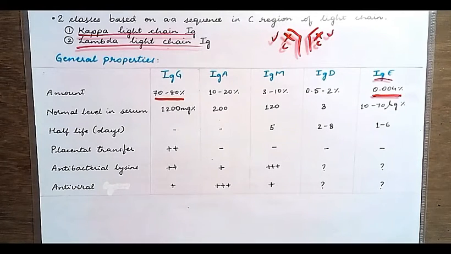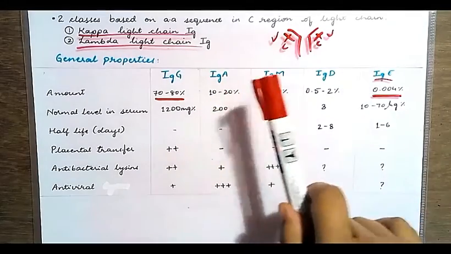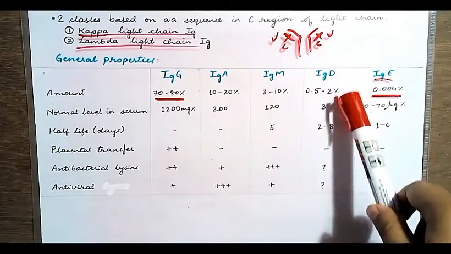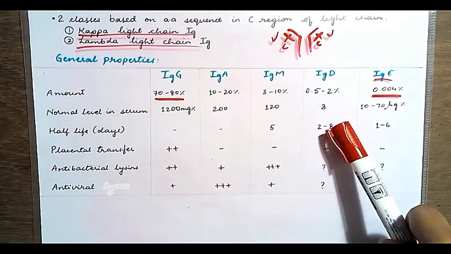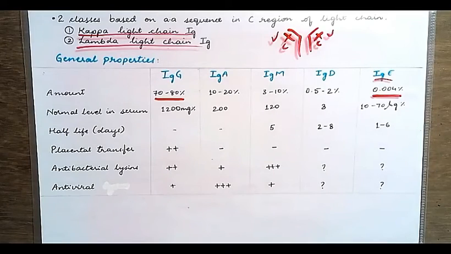And their normal serum level, IgG is about 1200 milligram percentage, whereas IgA is about 200 milligram percentage, IgM is about 120 milligram percentage, IgD is about 3 milligram percentage, whereas IgE is only about 10 to 70 microgram percentage. IgG is in about thousands of milligrams, whereas IgA and IgM are in hundreds, and IgD is in single digits, that's only 3 milligram, whereas IgE is not even in milligram but is in microgram percentage.